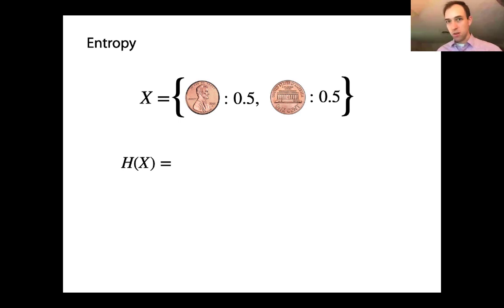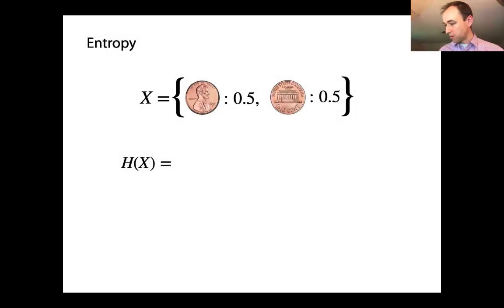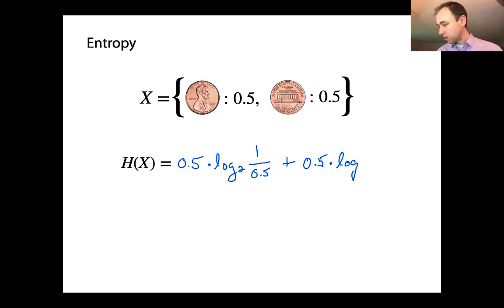Okay, so I want to write down the Shannon entropy of this random variable. So I've got to do probability of the first outcome, which I'll do heads first, times log base 2 of 1 over that probability, plus, now let's do tails, again 0.5, and again log base 2 of 1 over that probability.